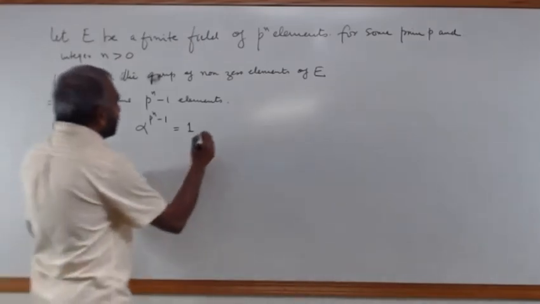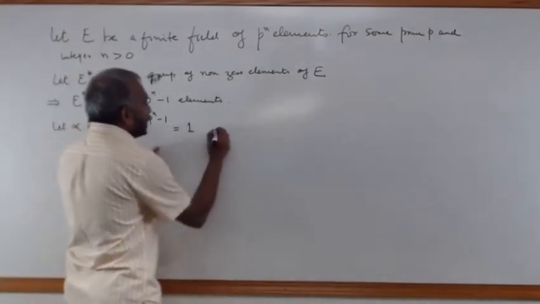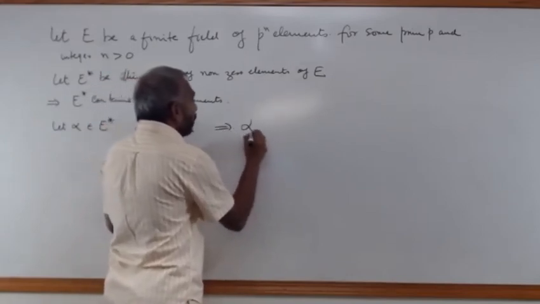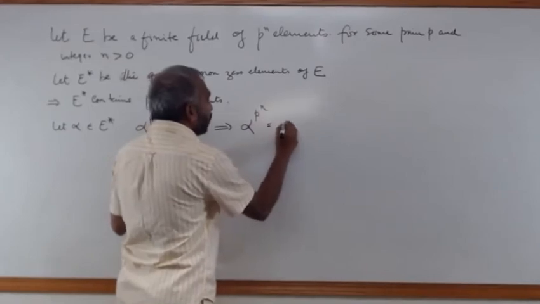And this is equivalent to saying that alpha to the power of p to the power of n is equal to alpha.